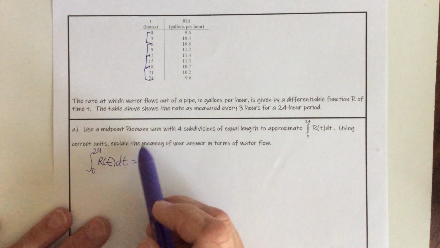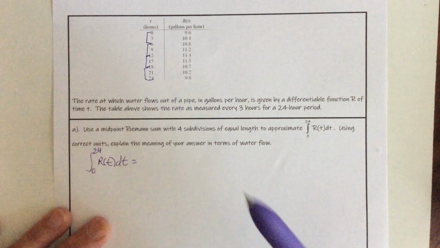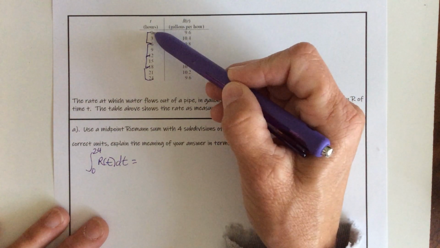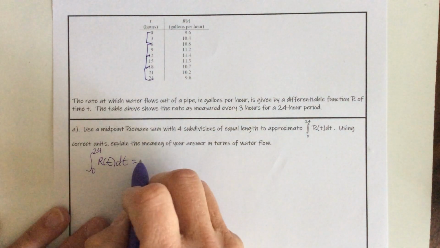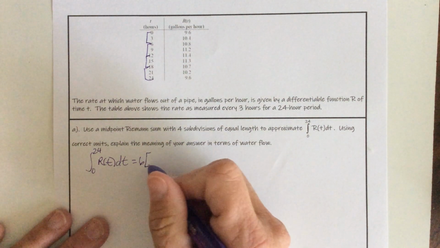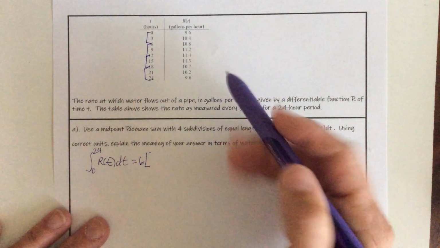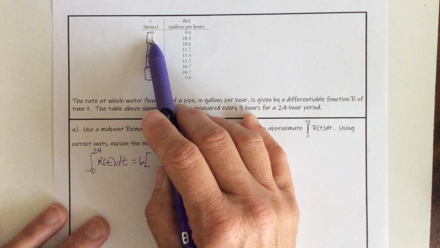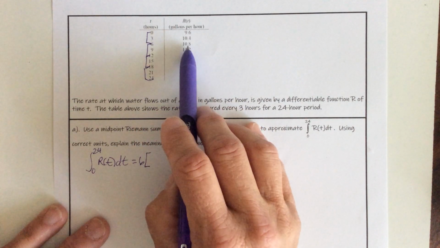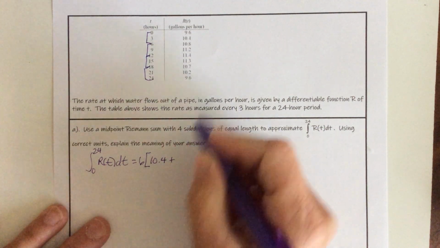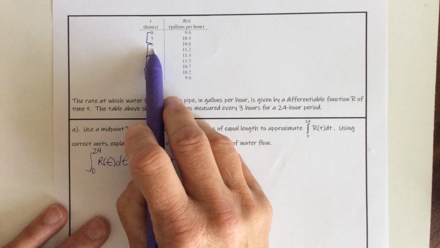Now, remember, with this, we have to determine what the width is, and that goes from 0 to 6, 6 to 12. So our width is 6, and we need to multiply this by the sum of the heights of the midpoints. So the midpoint of the first interval is 3, and its value is 10.4, plus the midpoint is 9 on the second interval.